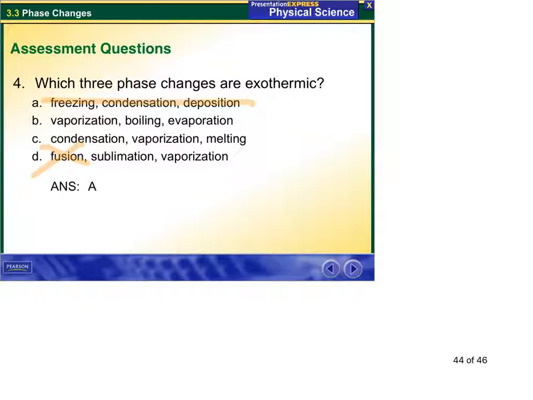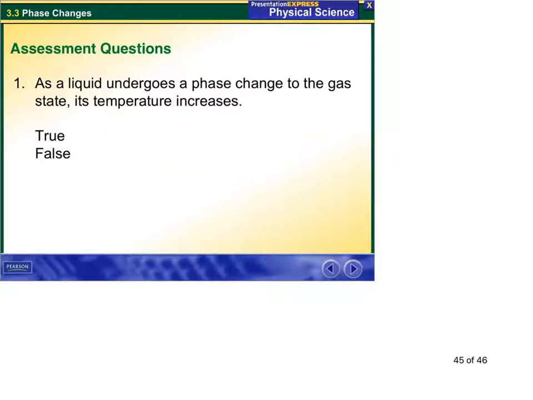The others are not all exothermic. The true or false says a liquid undergoes a phase change to the gas state and its temperature increases, and we saw earlier that's false: the temperature does not change during a phase change. So that's our 3-3 notes, and that's all for now.